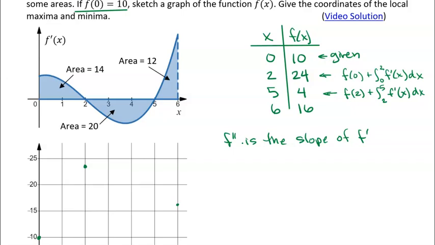So now, in order to find out whether the graph is concave up or concave down, I can look at the slope. Now it looks like f prime is decreasing, right? The slope here is negative, right? So f double prime is less than 0 because the slope is negative, which tells me that it's concave down, right?